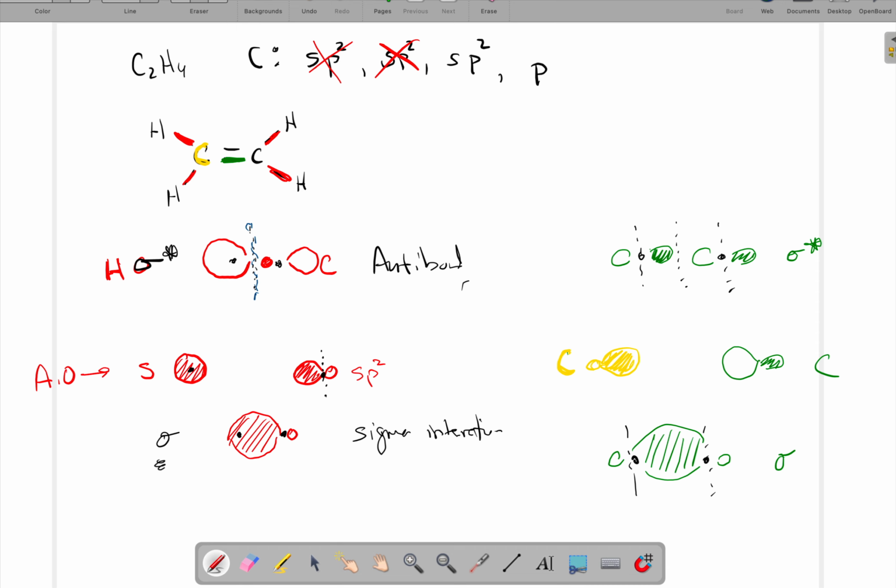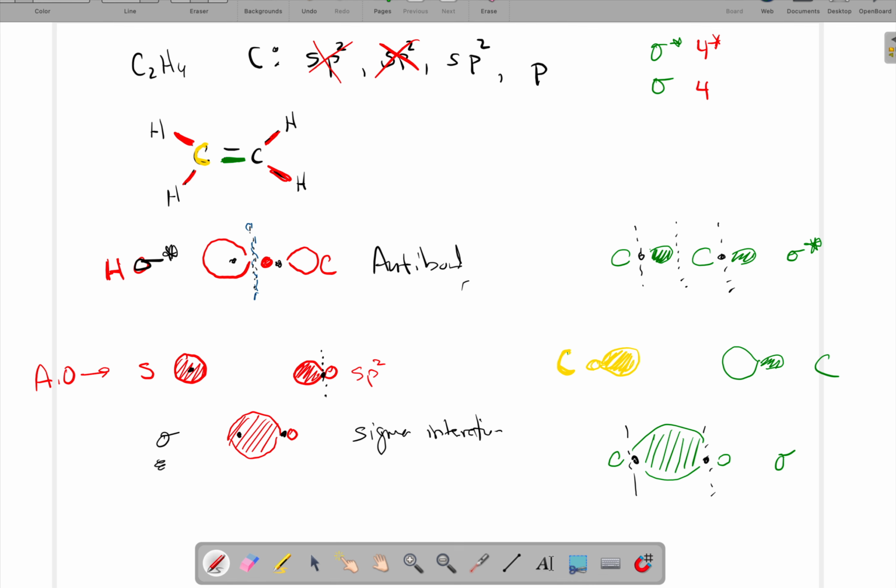So if we were running a full tally of this, sigma bond and sigma antibonding, each of the carbons with the hydrogens generated a bonding and antibonding. So we had 4 sigma bonds and 4 antibonds, right? I don't know why I put a star on that one, but that's good enough.